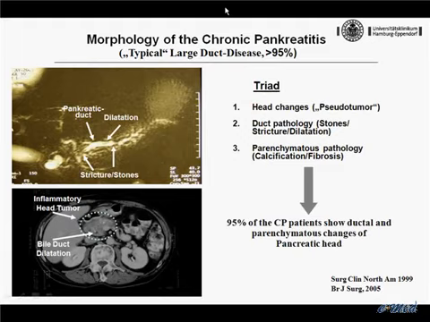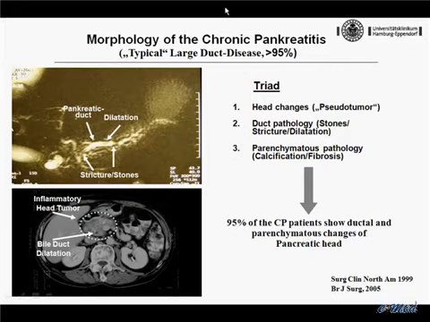Now, when you look at the morphology of chronic pancreatitis, more than 95% of patients will present with a typical large duct disease. And this large duct disease is usually characterized by a triad of development of an inflammatory mass in the pancreatic head, which we characterize as a pseudo tumor.